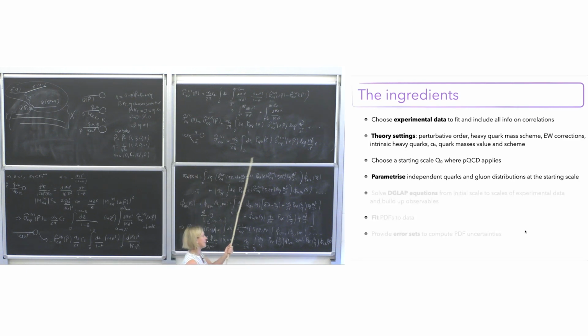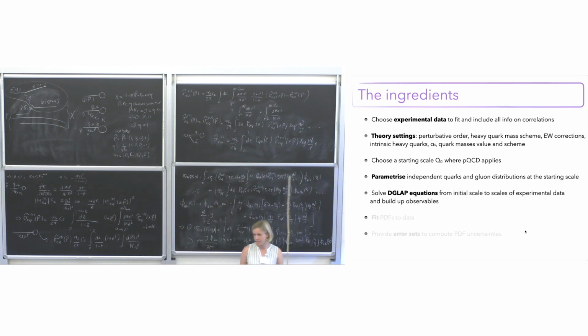Then you choose a starting scale, Q naught, which is not too low, where perturbative QCD still applies because you are evolving from the scale up to the scale of the data. And you don't want to go too far down because otherwise the DGLAP evolution doesn't work. And then you solve the DGLAP equation from the initial scale to the scales of the experimental data, and you build the observables. And then you fit the PDFs to the data.